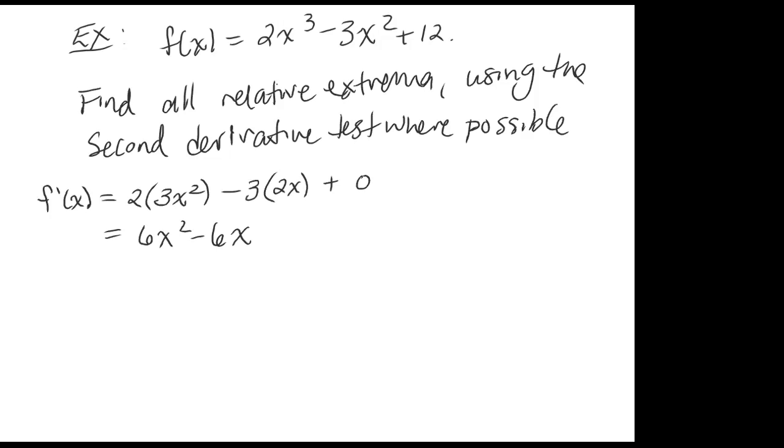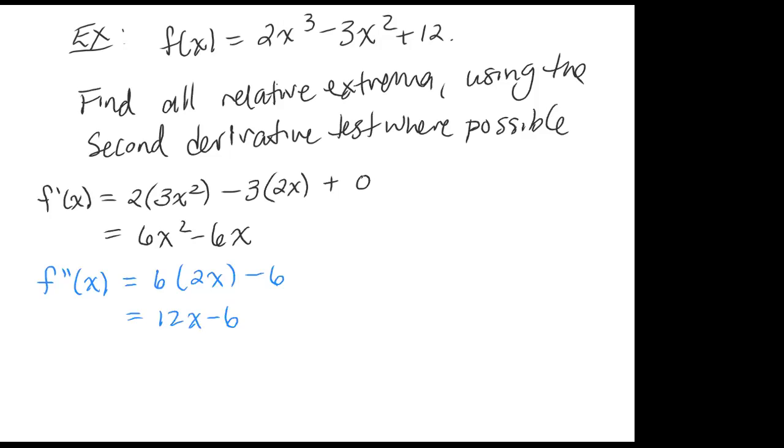All right, while I'm in the differentiating mood, how about I go ahead and find the second derivative as well? F prime prime of x is equal to 6 times the derivative of x squared, which is 2x, minus 6, which gives me 12x minus 6.